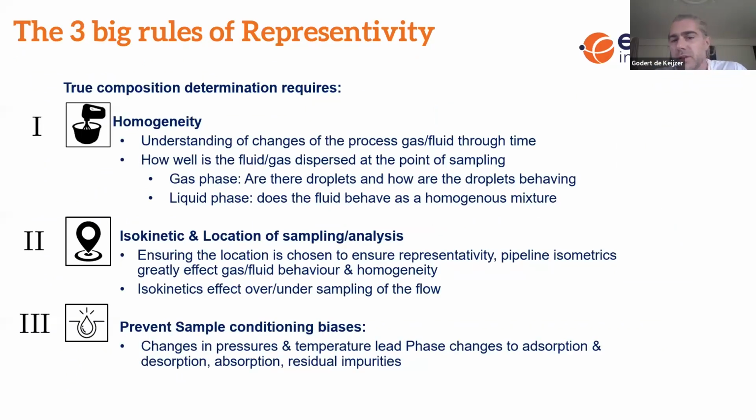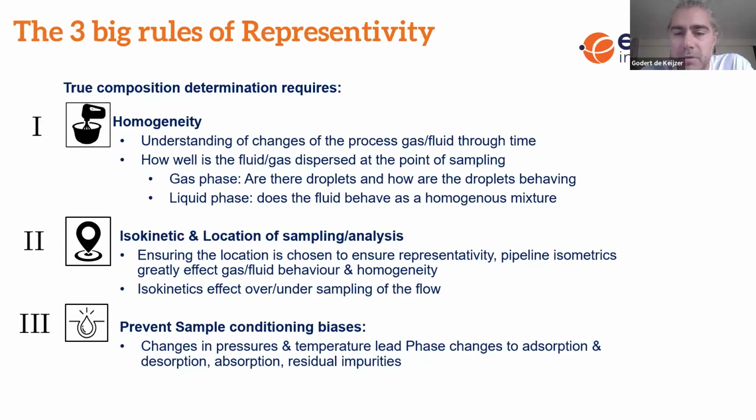So what I want to do is basically provide you three big rules for representativity, things that you really should consider when you design such a system from a representativity point of view. And the first is homogeneity. Basically, what you want to get is a mixture that is homogeneous at the point where you're taking it out of the pipeline.